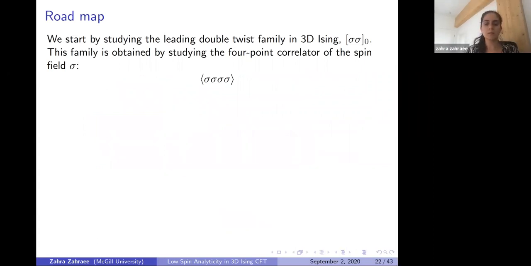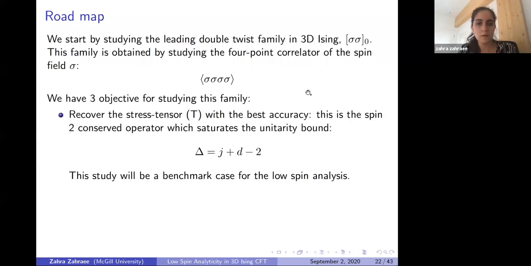So the roadmap is as follows. We start by studying the leading double twist family in 3D Ising. This family is the sigma, sigma 0 family. We get that family by studying the 4-point correlator, sigma, sigma, sigma, sigma. We have 3 objectives for studying this family. First, we want to recover the stress tensor as a benchmark case to make sure we know what we're doing.